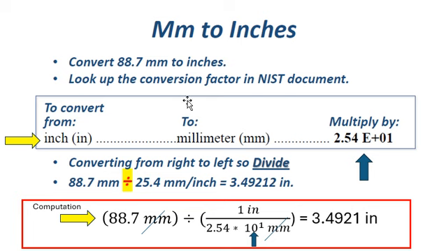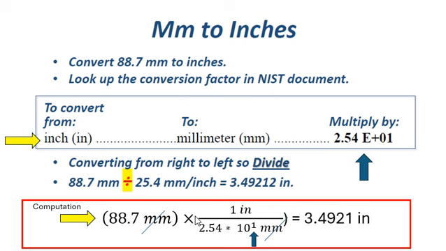So let's take a look in detail. First we write down 88.7 millimeters, and then we write down this, which is 2.54 times 10 to the power 1 millimeters. Since when you go from millimeters to inches we have to divide, we do division. Sorry, I forgot, because we're showing the detail, so instead of division, since we're dividing this with that, it's supposed to be multiplication.